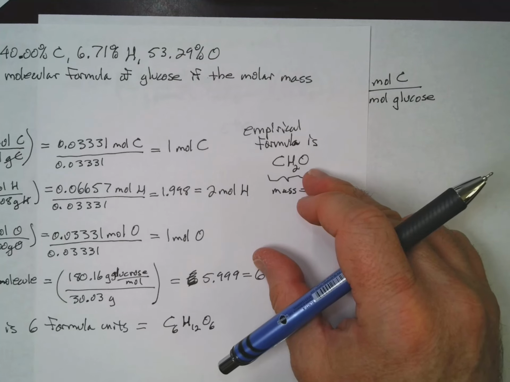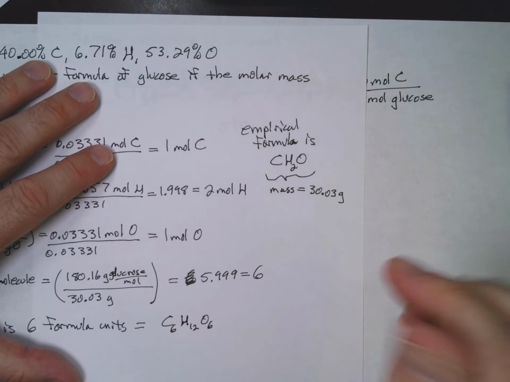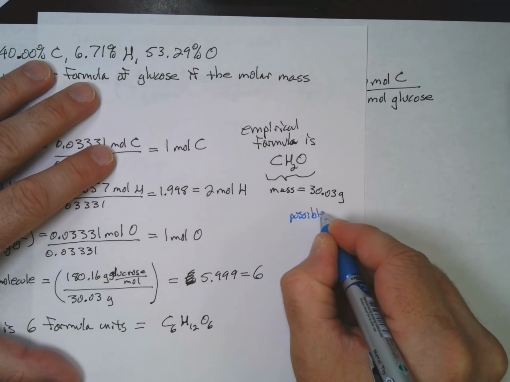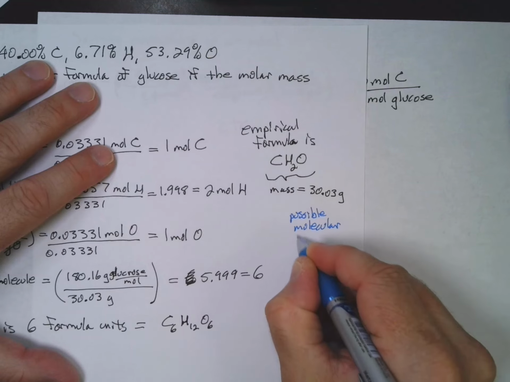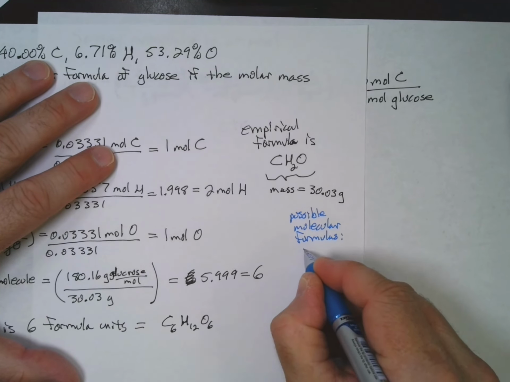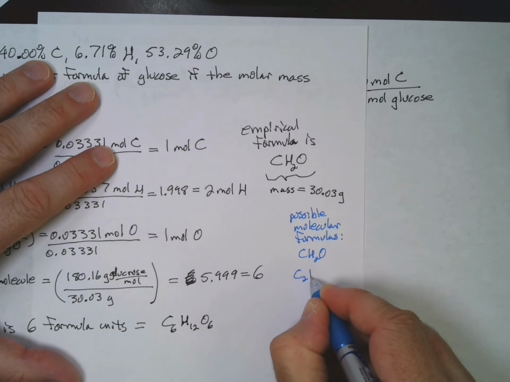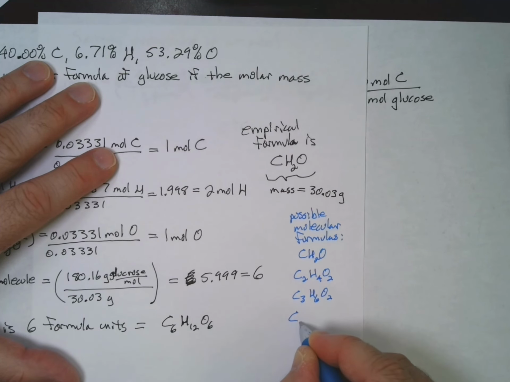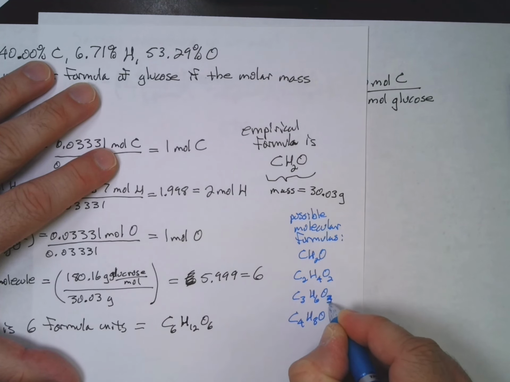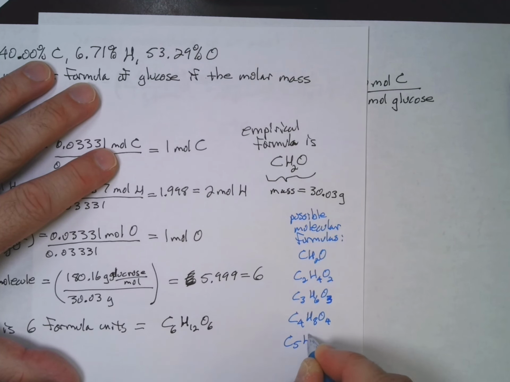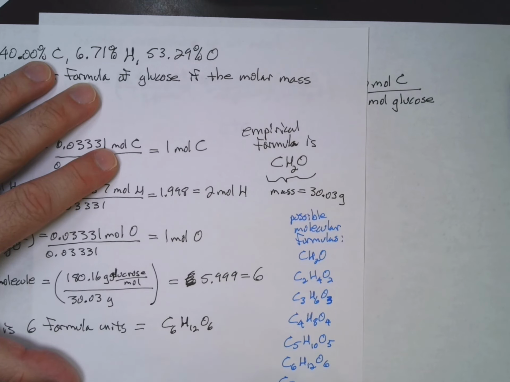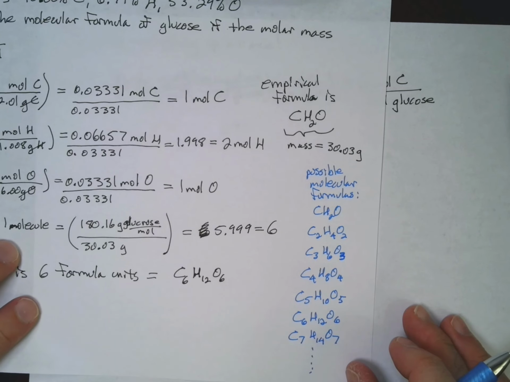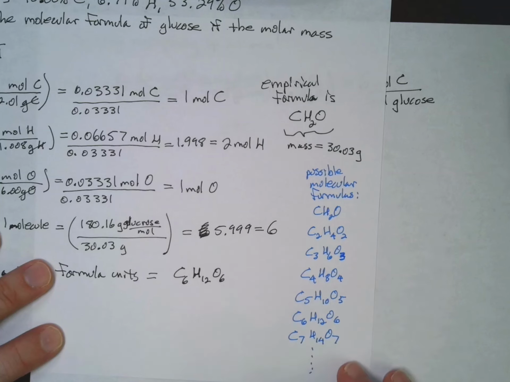And so our possible molecular formulas could be CH2O, C2H4O2, C3H6O3, C4H8O4, C5H10O5, C6H12O6, C7H14O7, etc., etc.